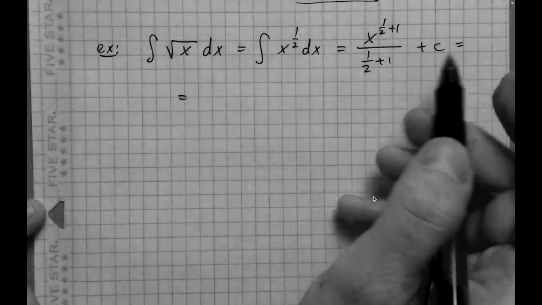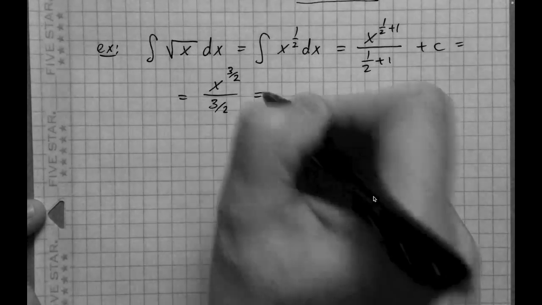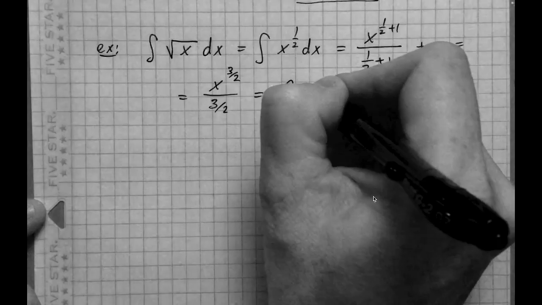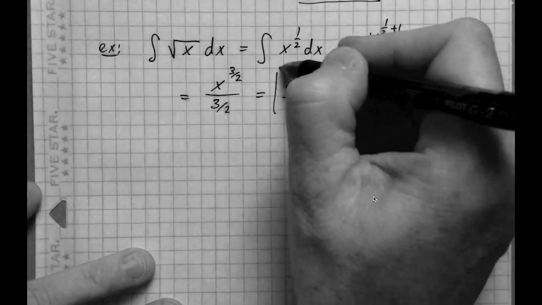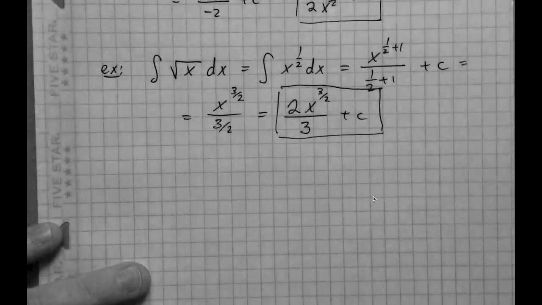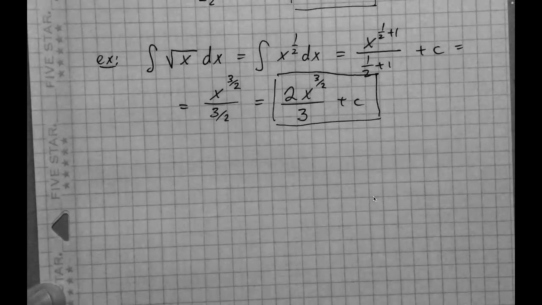And we get x to the 3/2 over 3/2, otherwise known as 2x to the 3/2 over 3 plus c. So there's that one. Sometimes integration feels a lot like differentiation. When you start to do some of these examples, you'll see that a lot of the time integrals follow very similar patterns. This is basically the reverse of what the derivative looks like for these types of functions.